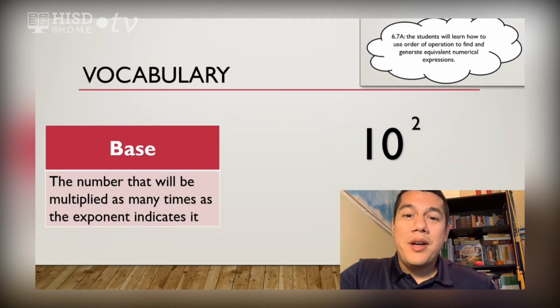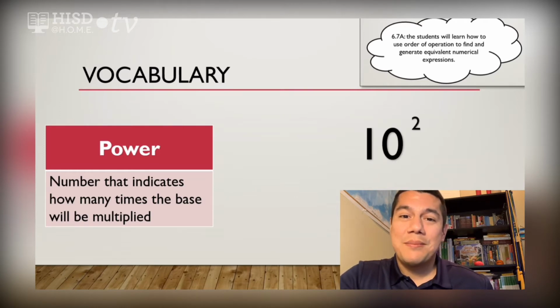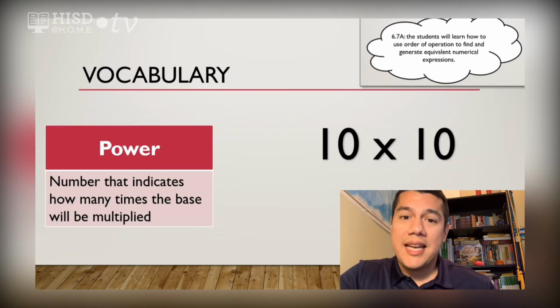Then we also have the power, that little number on top, and this number just indicates how many times the base will be multiplied. So, for example, 10 to the power of 2 is actually 10 times 10. So the 10 multiplies itself 2 times.